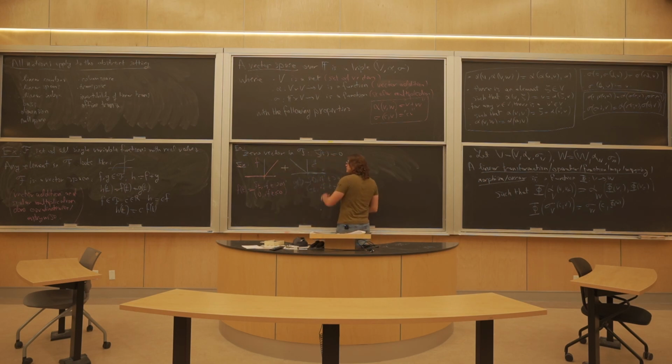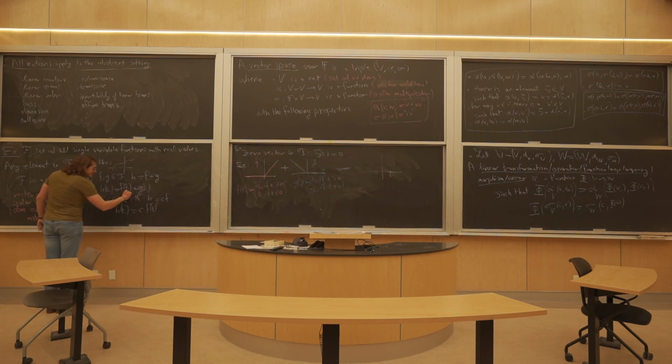So when I add them up, I can think of the addition like this. Imagine the graph of f and the graph of g. Let's say that you're looking at what is happening at t. According to our definition, you're supposed to take the value of f and add it to the value of g.